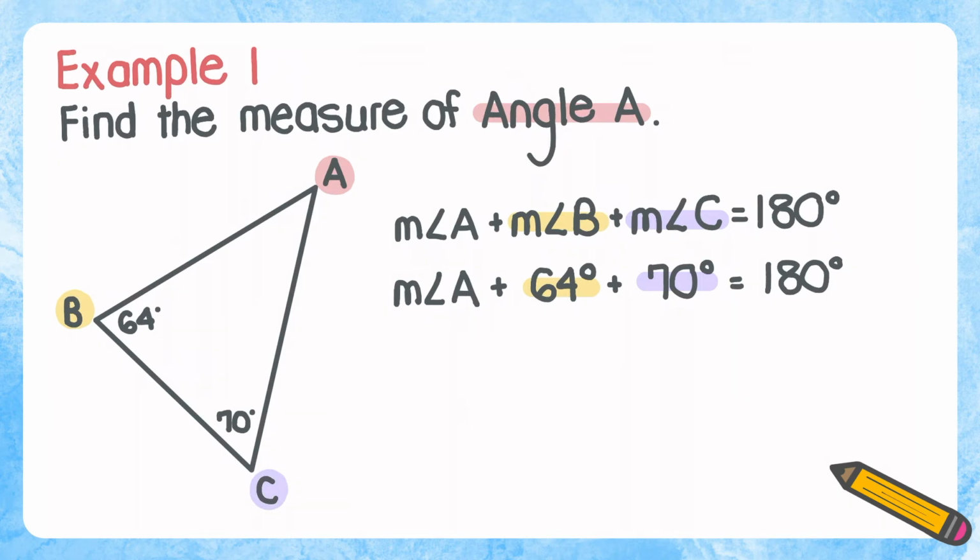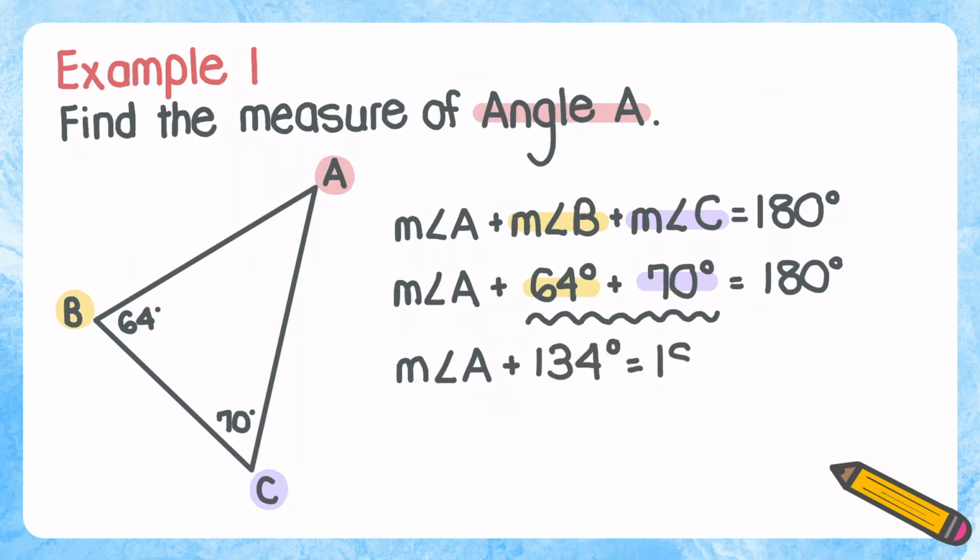Let's add 64 degrees and 70 degrees so that we can simplify this equation. Measure of angle A stays there. 64 plus 70 is 134 degrees, equals 180 degrees.